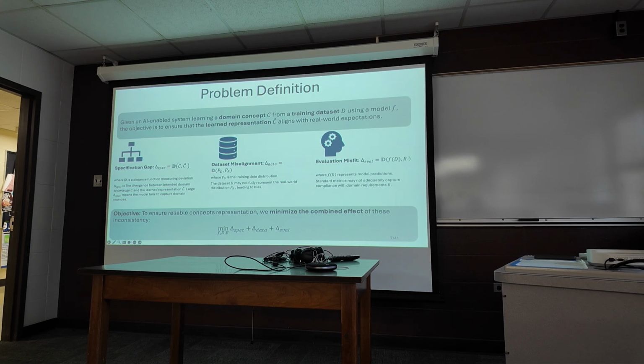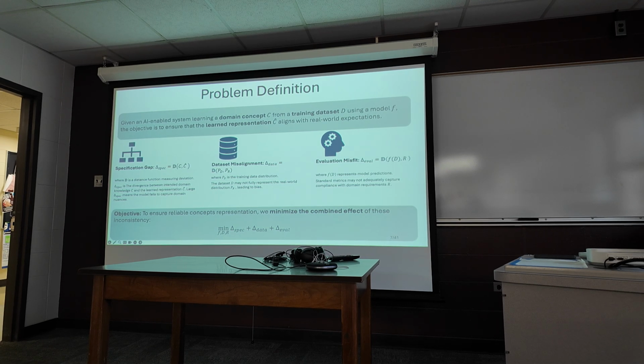It measures the distance between the model prediction F(x) and the requirement R, since a standard metric may not adequately capture compliance with the domain requirement R. So our objective here is to ensure reliable concept representation by minimizing the combined effect of these inconsistencies.